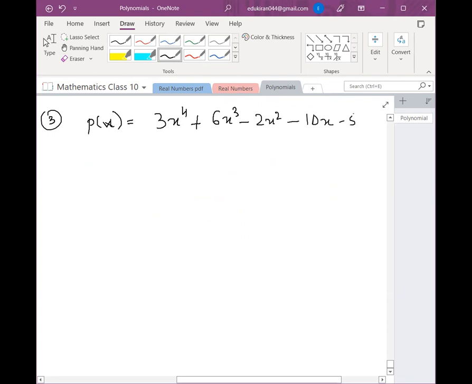Clear? Obtain all other zeros of this polynomial if two of its zeros are given, which are square root of 5 by 3 and minus square root of 5 by 3. So these are the two zeros which are already given to you.